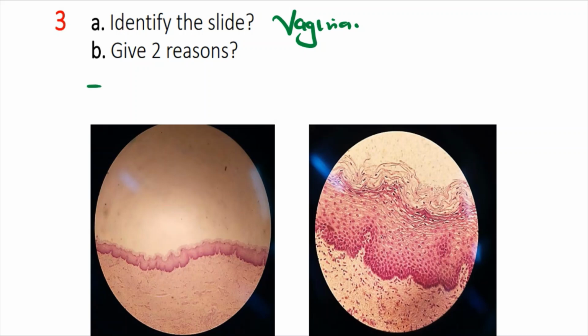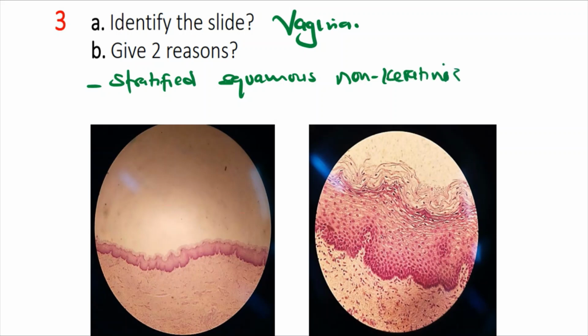Number 1, it has stratified squamous non-keratinized epithelia. Number 2, the submucosa has no glands.